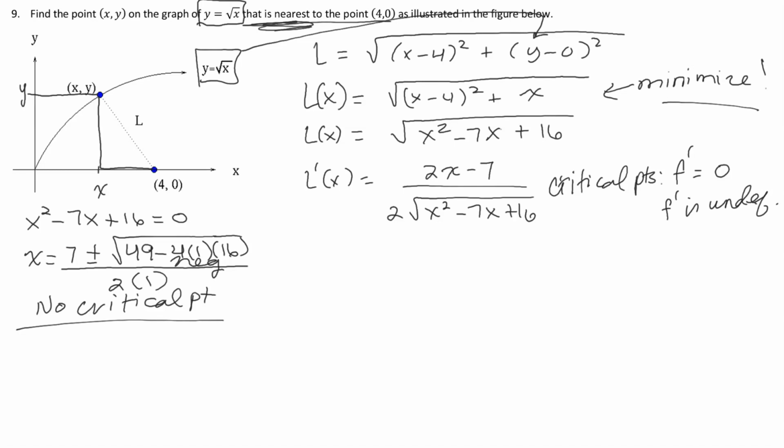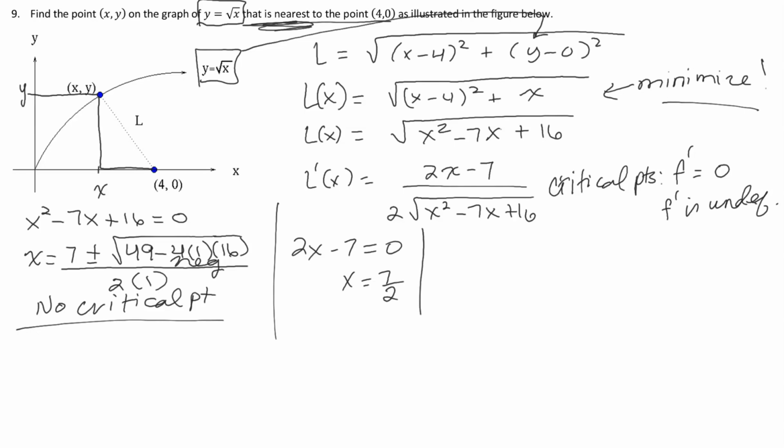Now, when is the derivative equal to 0? When 2x minus 7 is equal to 0. So x is 7 over 2.